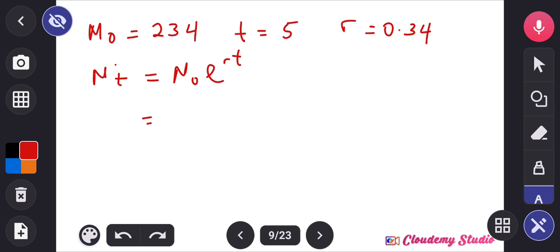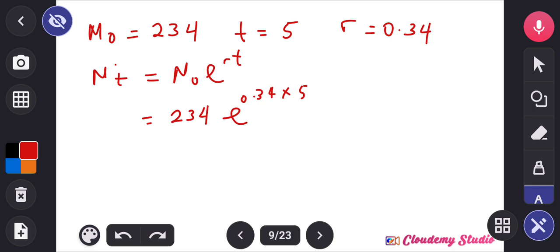That equals Nt. What's our Nt? Our N naught is 234, times exponential of 0.34 multiplied by 5, right? Now, if you press your calculator, 0.34 multiplied by 5, you will have 1.7.